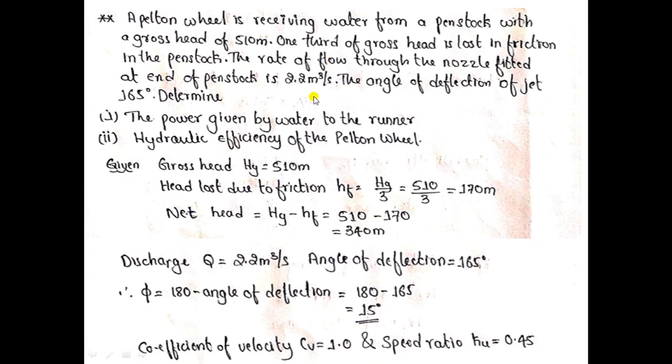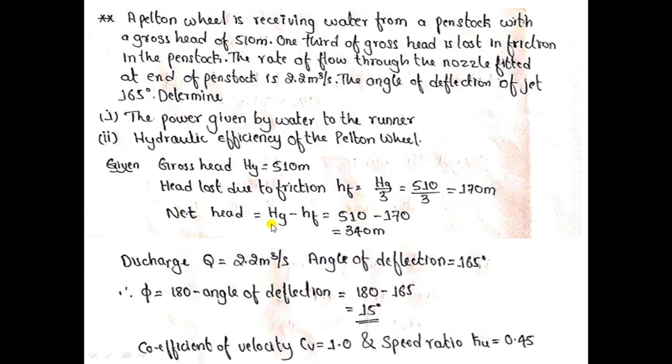Now, if we go through the problem statement, the gross head has been mentioned. Gross head, we will denote it as Hg, which is 510 meters. And it has been mentioned that the head loss due to friction is 1/3 the gross head, that is 510 divided by 3, which is 170 meters.